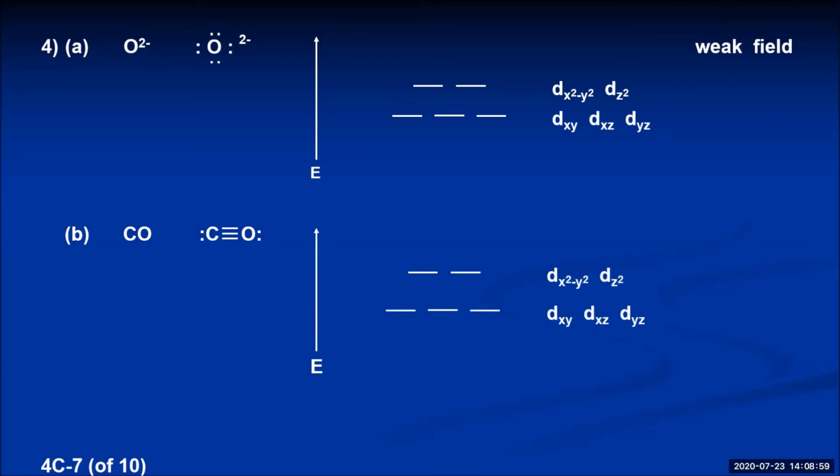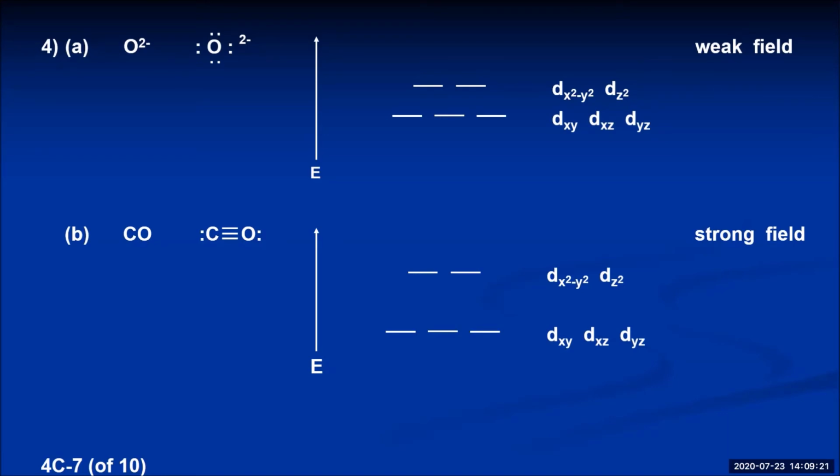What those empty orbitals do is they can attract the electrons that are in the dxy, dxz, and dyz. That causes those electrons to be attracted to multiple nuclei, which means more attraction, and so their energies go down, causing a larger split in the energy, and so we call this a strong field ligand.